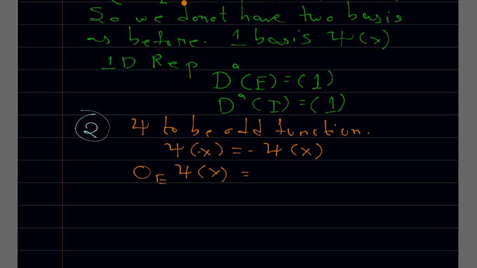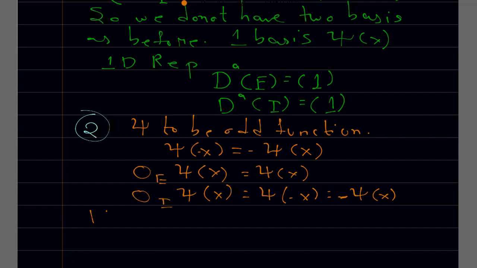You are going to get psi of x, and when we act this one on psi of x, we are going to get psi of minus x, but this is equal to minus psi of x. So unfortunately, again, you have one basis here also. You get the same result, but there is a difference in sign.